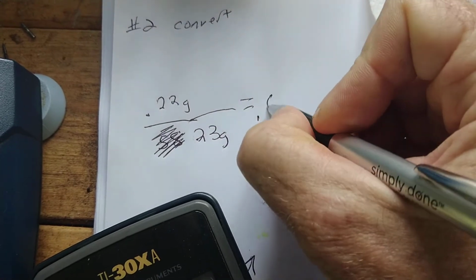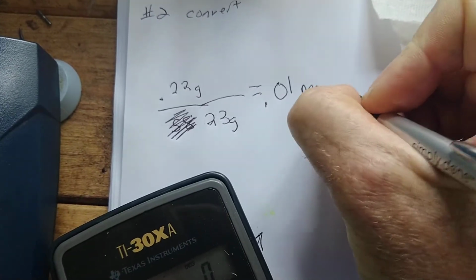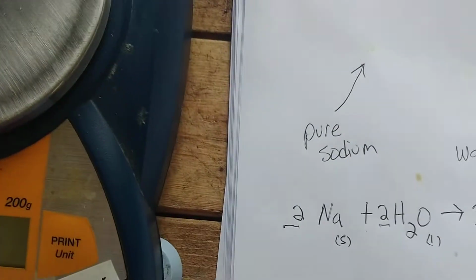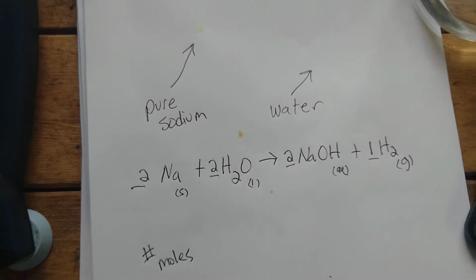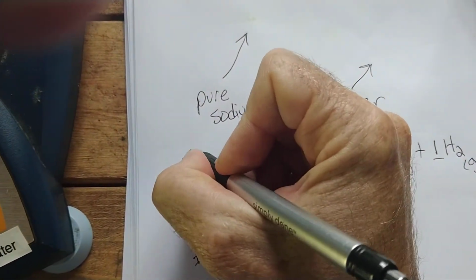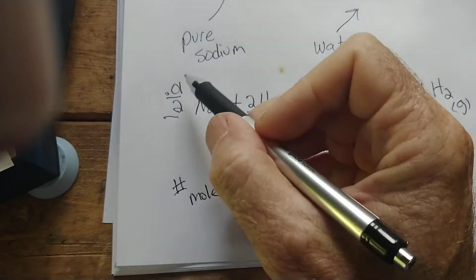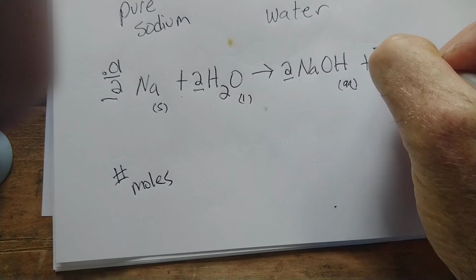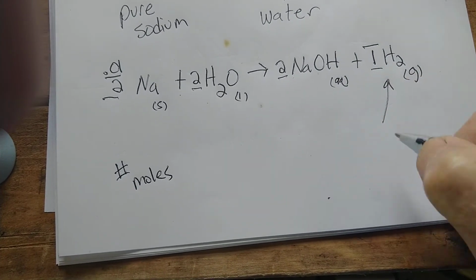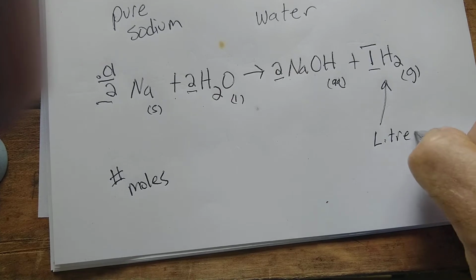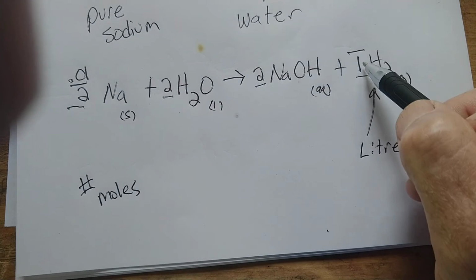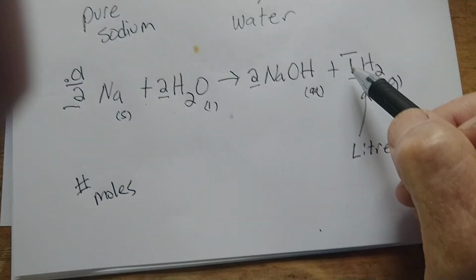So we have 0.01 moles of sodium. All right? So you know from yesterday's lesson, we'll say 0.01 moles is to 2 as we're going to try to predict how many liters of hydrogen gas we're going to produce. So 0.01 is to 2 as x is to 1. And I'm going to ask you that.